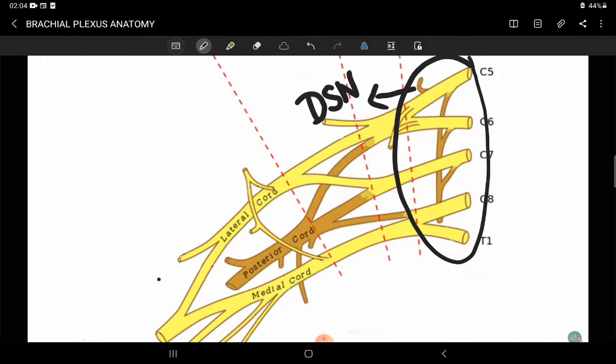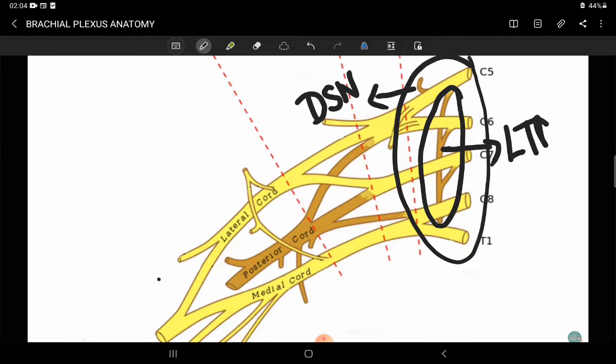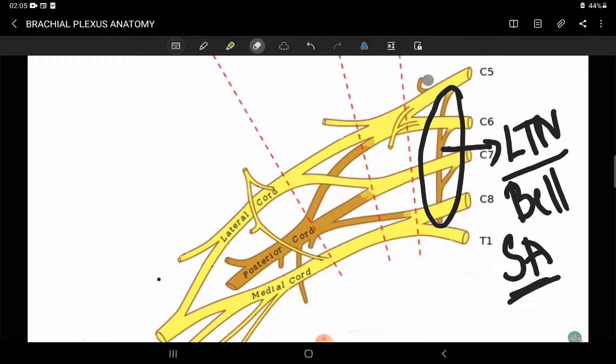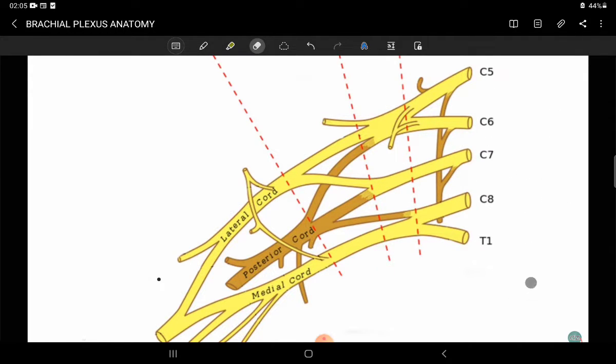It supplies the rhomboids major and minor, and this is the long thoracic nerve. It is also called the nerve of Bell, which supplies the serratus anterior. It is also called the boxer's muscle. Okay, so this is regarding the branches of the root.